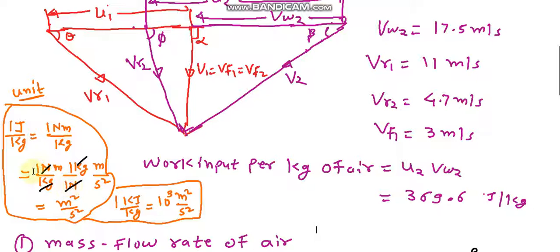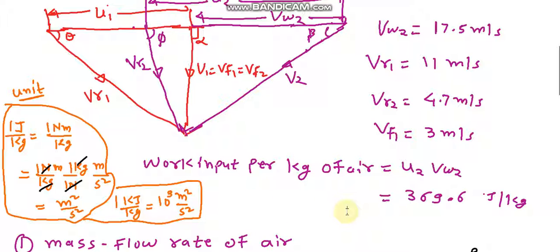The Newton cancels and the kg cancels, and we get meter square per second square. So 1 joule per kg is equal to 1 meter square per second square. Multiplying by 10 to the power 3, 1 kilojoule per kg equals 10 to the power 3 meter square per second square. This is a very important equation. So we get work input per kg of air, that is 369.